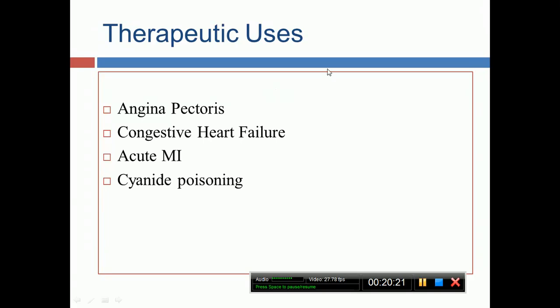Therapeutic uses of nitrates and nitrites are angina pectoris. Therapeutic uses denote those diseases in which the drugs are used. So angina pectoris, congestive heart failure, acute myocardial infarction, and cyanide poisoning.